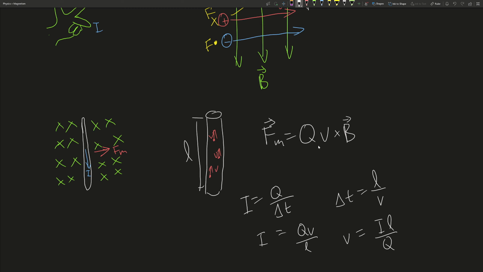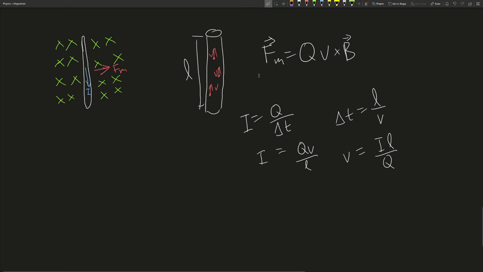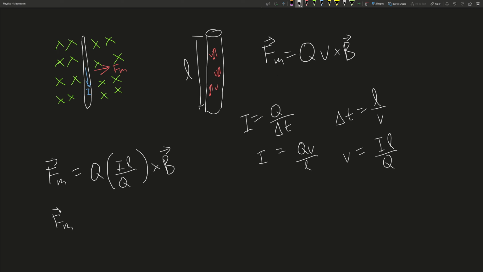And so if we plug v into this equation now, we get that Fm is equal to Q times IL over Q cross B. So we have Fm is equal to IL cross B. Here L is going to be the vector.